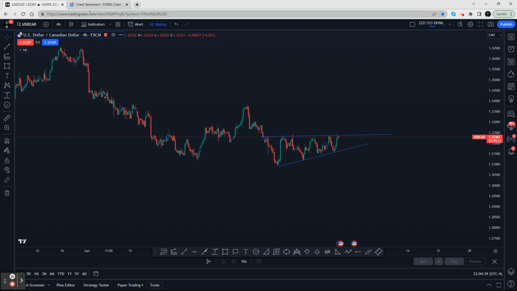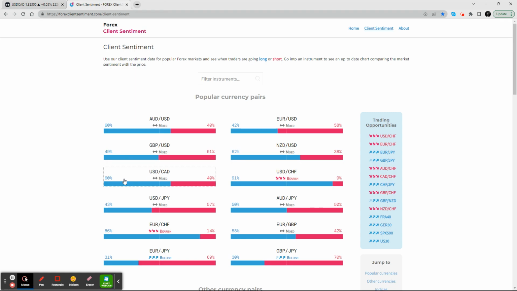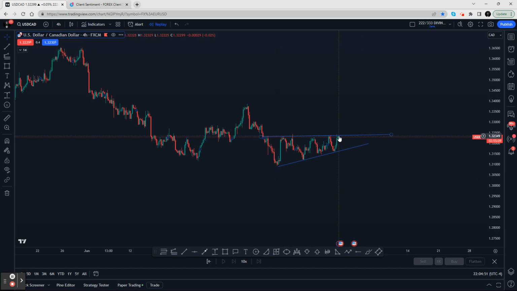We could go ahead and look at that sentiment as well too. We got 60% that are long right now, and we got 40% that are short. So we want to keep an eye on that. So we need to be careful of longs trying to come into the market, thinking it's going to push up. It could get wiped out.